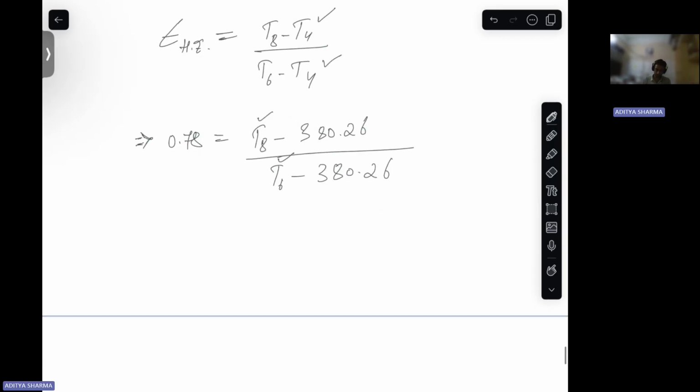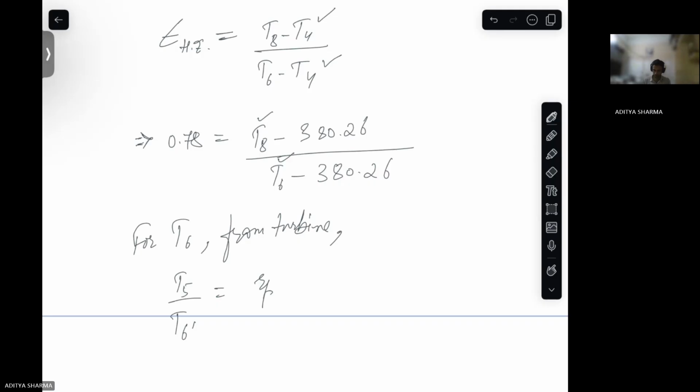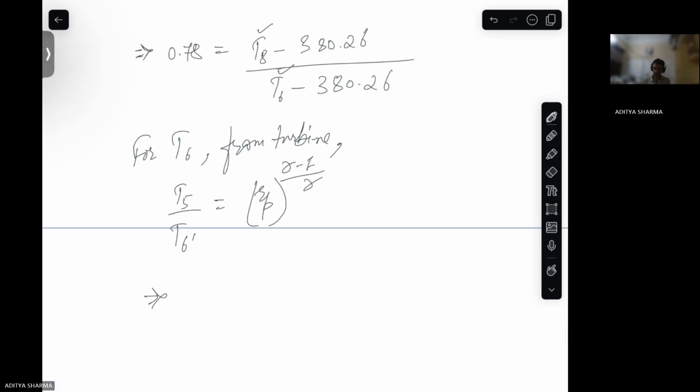So from the turbine, for T6, what do we have? The isentropic ratios, gamma minus 1 by gamma, implies 922 by T6 dash is equal to 2.32 raised to power 1.4 minus 1 divided by 1.4.